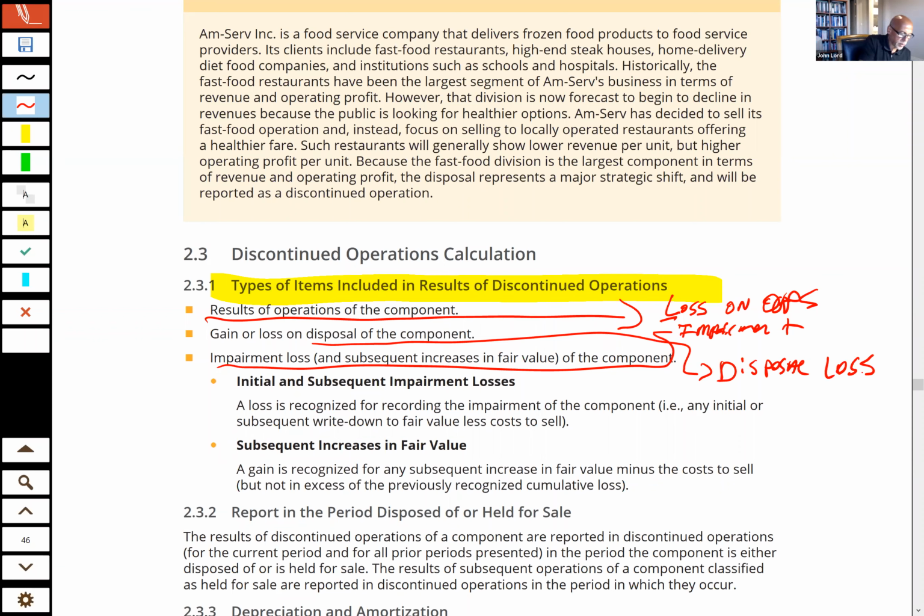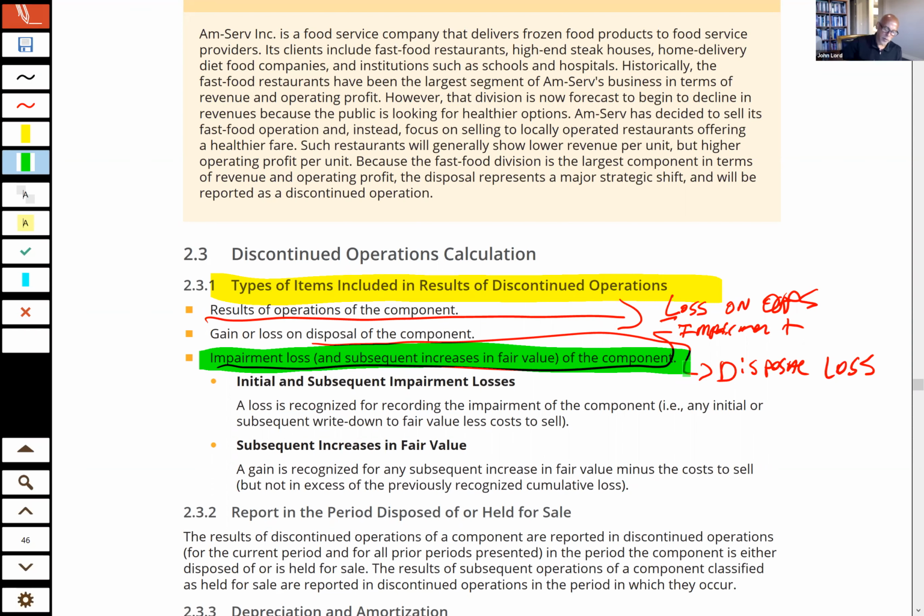What we're really doing here, though, is talking about the impairment. So at the time that we decide we're going to include this segment in our discontinued operations section on our income statement, we'll look at its fair value versus its book value of that particular component.